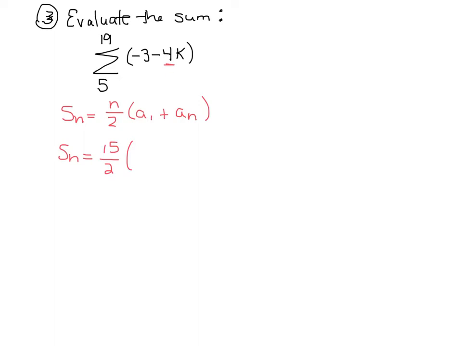So my first term starts at 5. So I'm going to write a sub 5 equals -3 minus 4 times our 5, giving us -23. So that's going to go in as my first term that I care about.